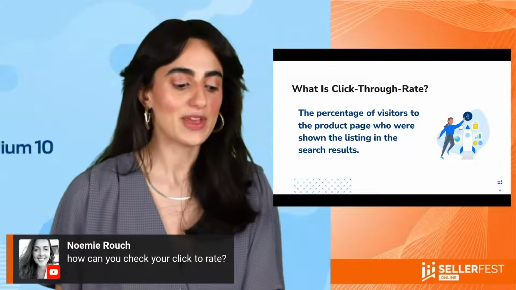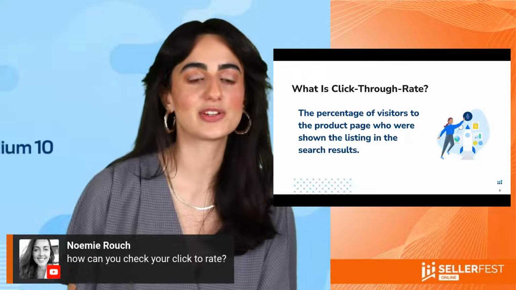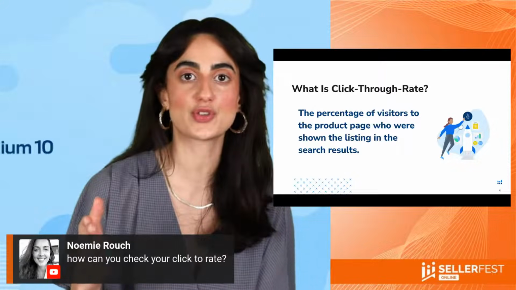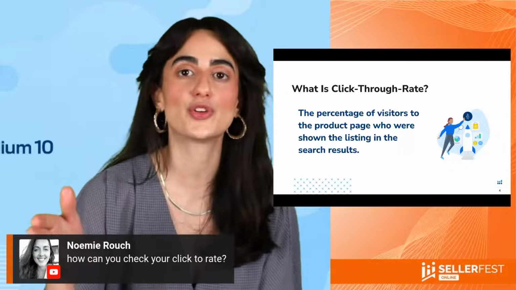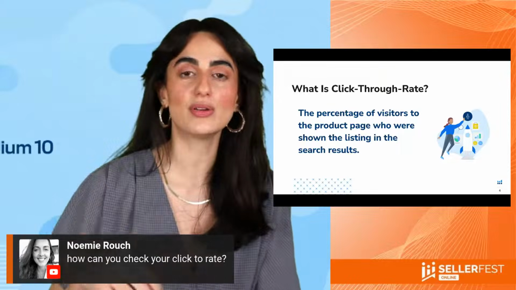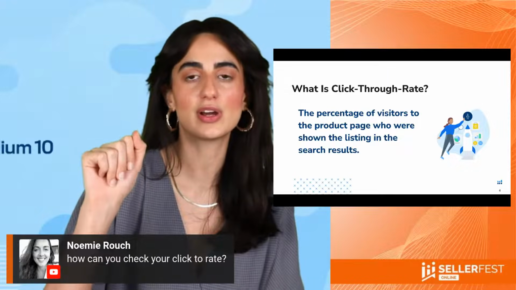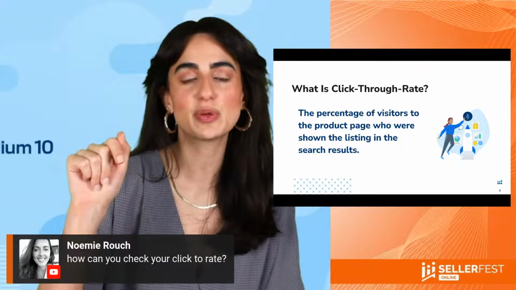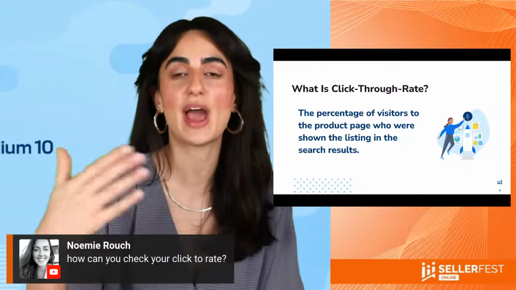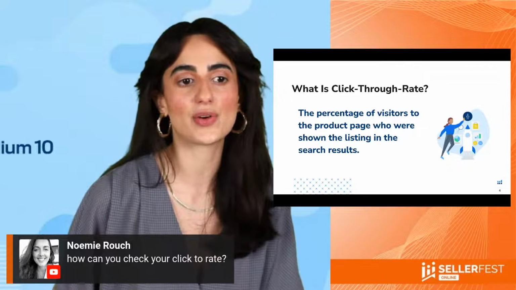Wonderful. Okay. So, Noemi, basically, let's first understand the click-through rate is the percentage of visitors who are going to land on your product page. So let's say if I searched my keyword and I clicked on your listing from that search page, that's going to add into your click-through rate. And you can get access to that on Seller Central.